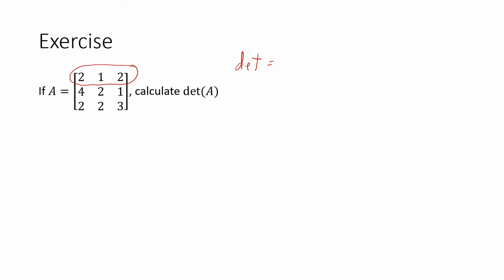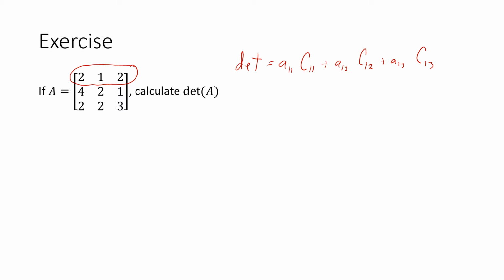From the definition, it's the first term, A11, times C11, the 1, 1 cofactor, plus A12 times C12. Then the third number, A13 times C13. So you just go along the first row and do this: the number times the cofactor.